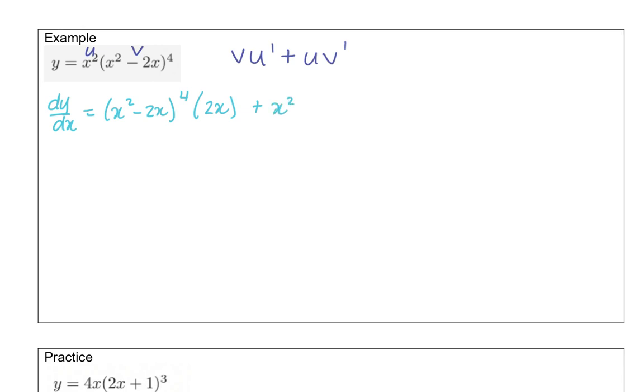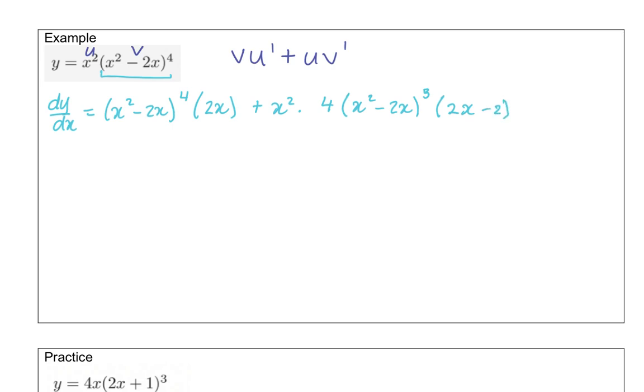plus u, which is x squared, times the derivative of this, which is a chain function. So bring the 4 down, keep the inner function, decrease the power, and now differentiate what's inside the function, 2x minus 2.